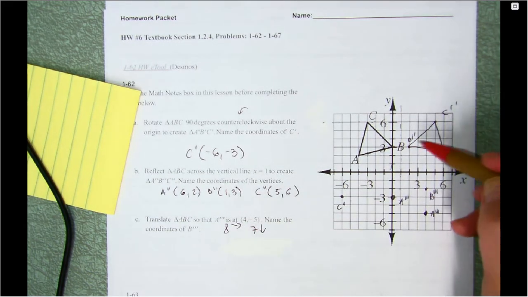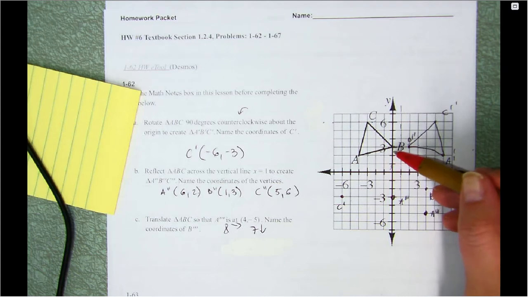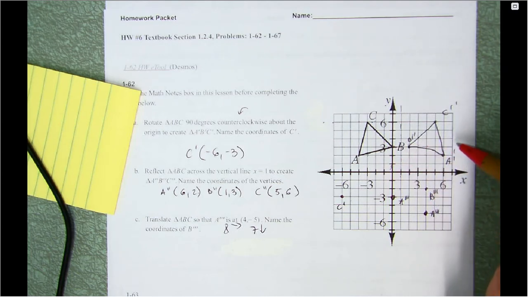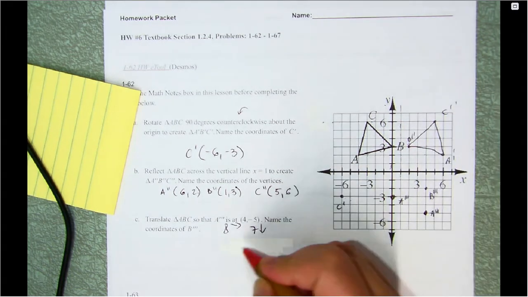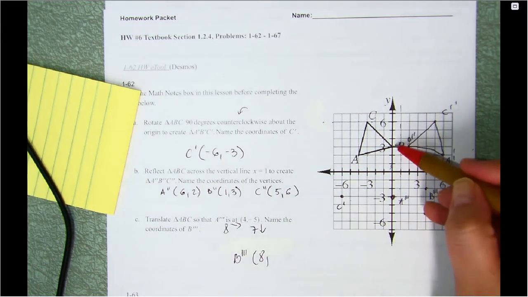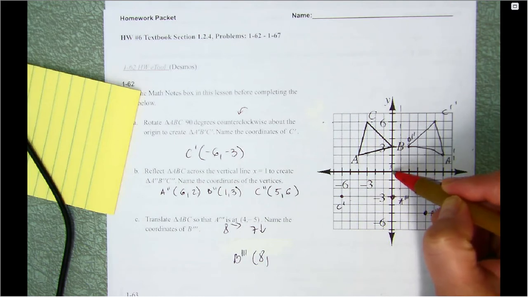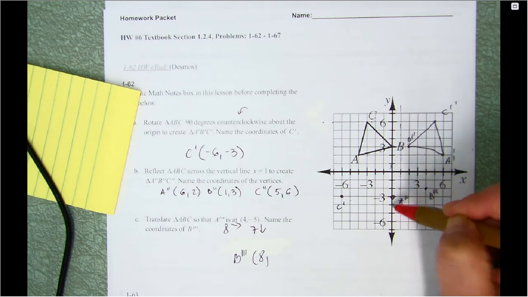So if I take B and go 8 right, it's not going to fit on my thing. So think about it. It's at 0. If I add 8 to it, it's going to be at 8. And it's at 3. If I go down 7, I have to go 3 down, and then another 4 down. So that's going to be -4.